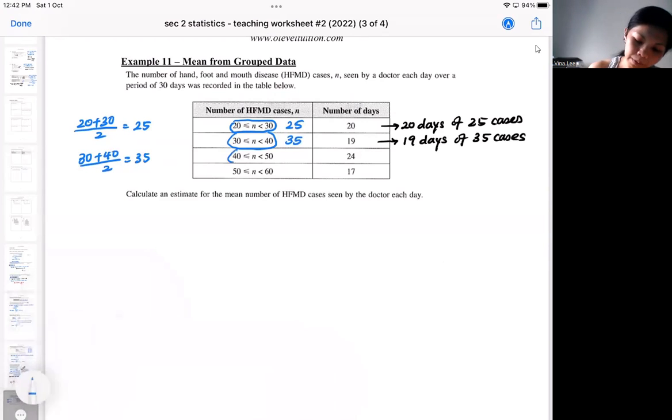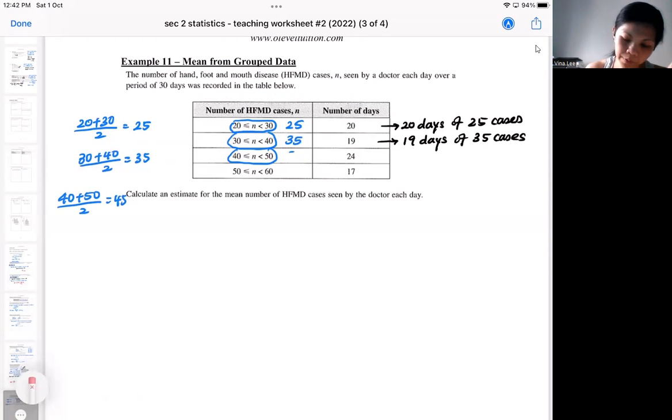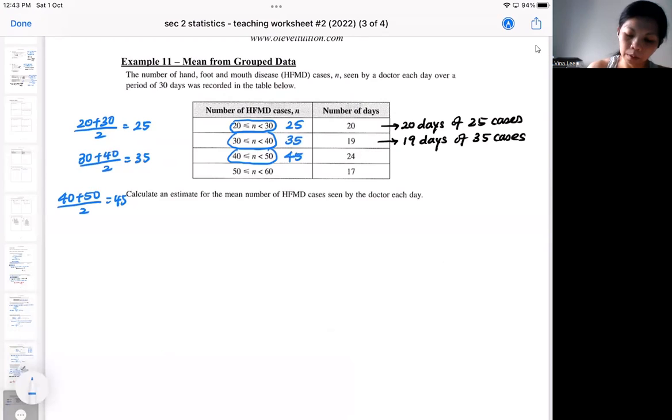The same thing happened here. I'll be taking the mean values. As I said, don't be affected by the equal sign or the non-equal sign. It's 45. This one will be a 55.